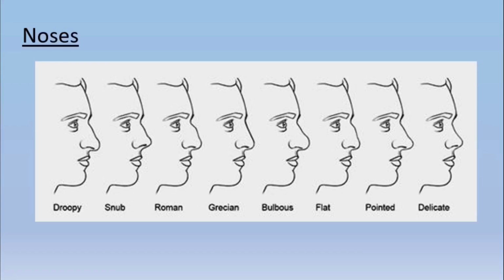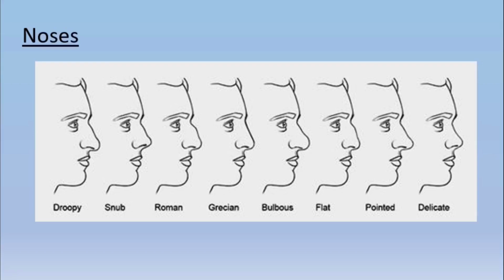Droopy. The nose droops down. Snub. It's shortened. Roman. There's an arch in the middle of the nose. Grecian. It has a very angular shape to it. Bulbous.